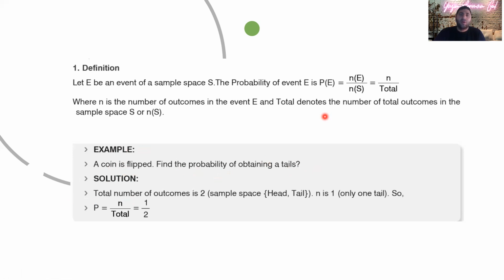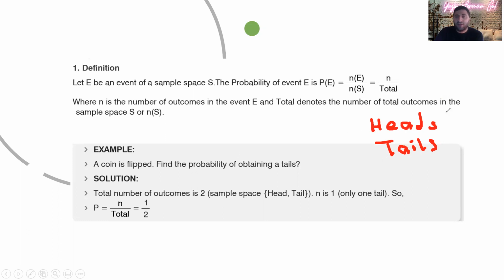So I'm just going to write that here. With tossing a coin, we're going to have two options, which will be heads or tails.